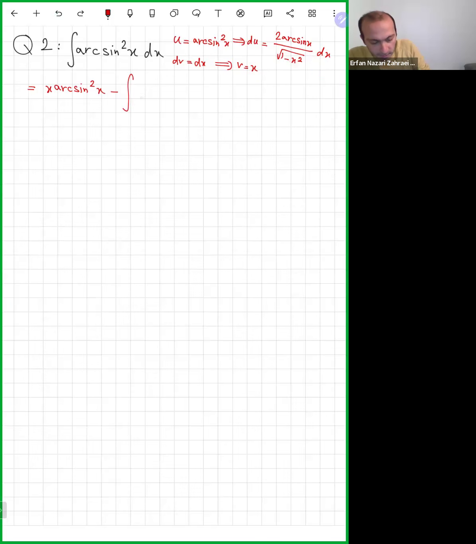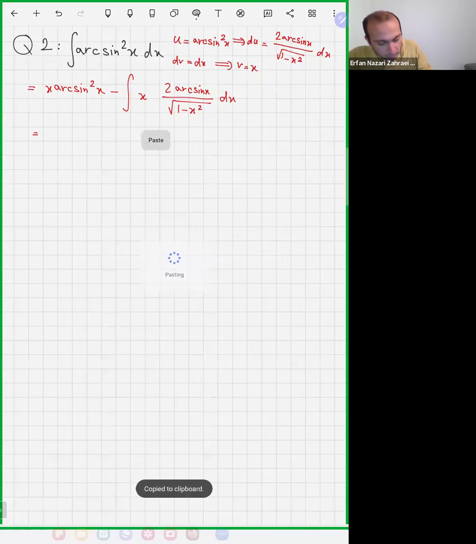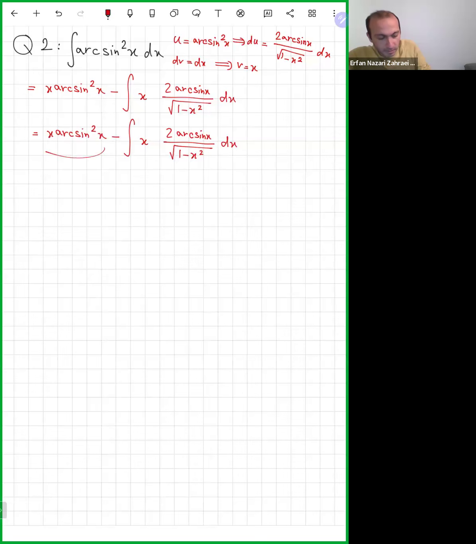So that is x 2 arc sine x over root 1 minus x squared dx. If I rewrite this expression, the first term, I don't need to do anything about it. It's just computed. But this indefinite integral, now I need to compute indefinite integral.